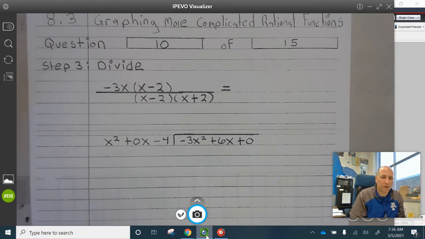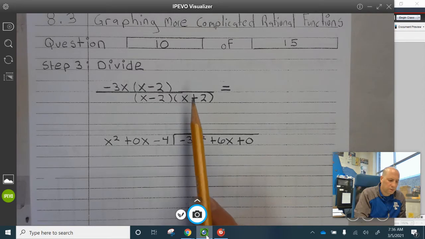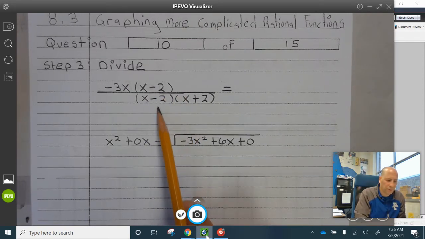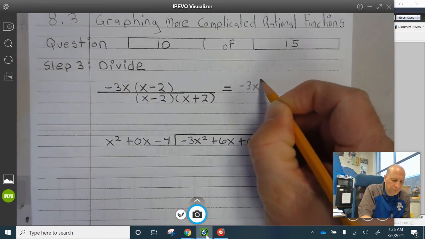Step 3, divide. Negative 3x, parentheses x minus 2, divided by x minus 2, times x plus 2. So to divide, what we need to do is simplify the numerator and denominator. Negative 3x times x is negative 3x squared.